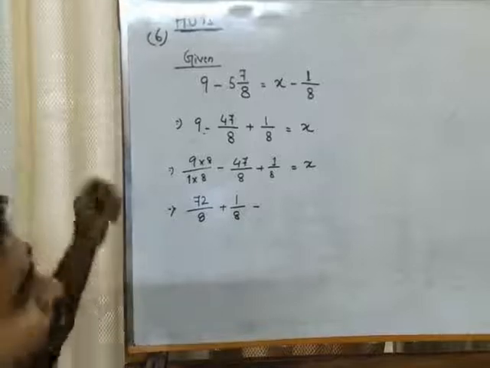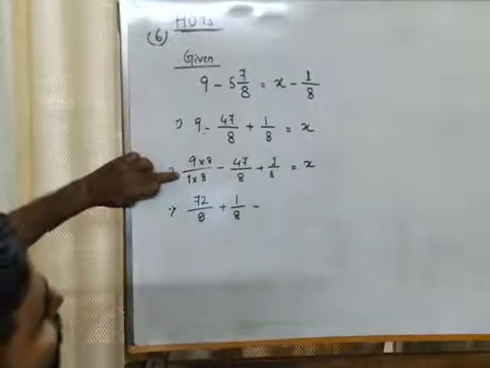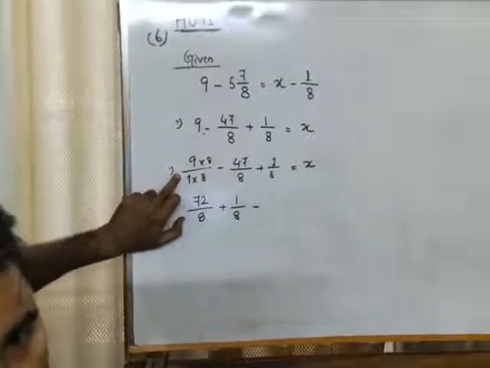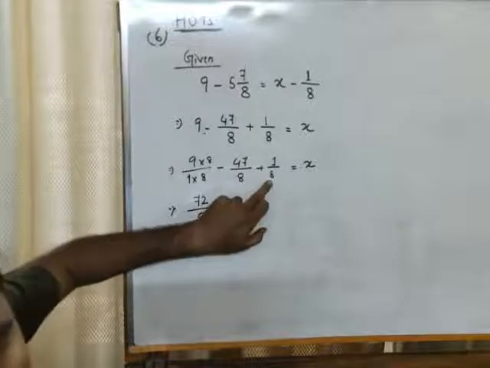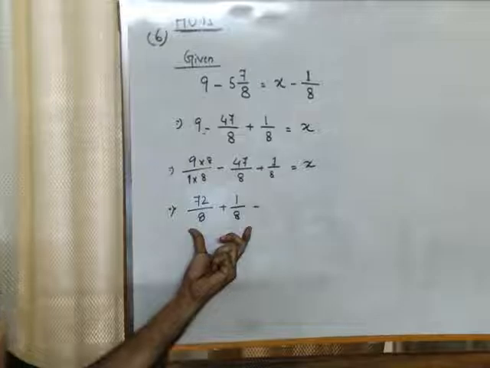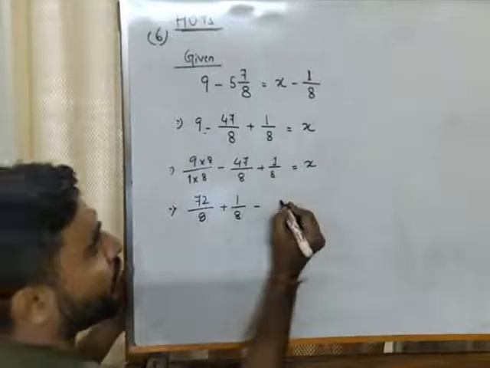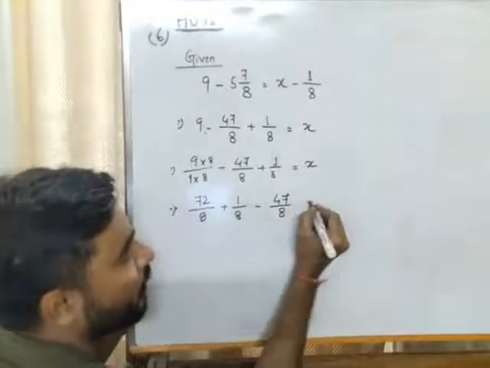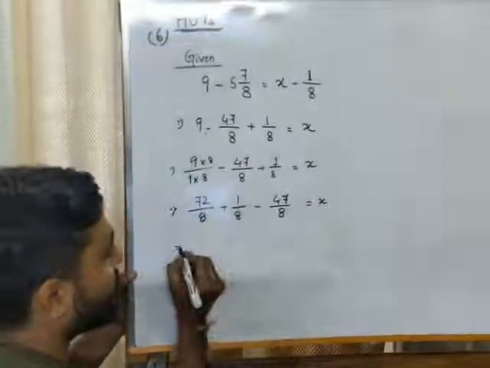I took the numbers which will be added. Here this has a positive sign since nothing is there, and 1 by 8 is positive. So I wrote the two positive numbers together. Okay, and minus 47 by 8, negative, is the last one, equal to x.